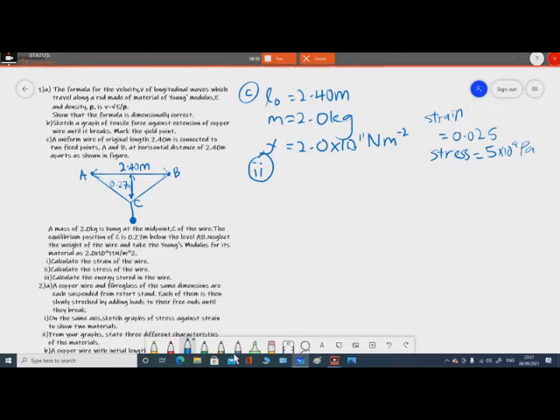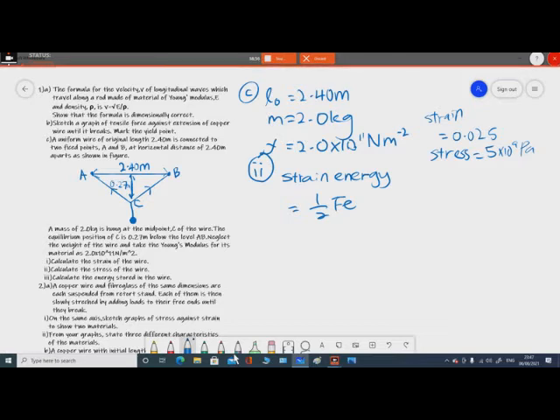We know that the strain energy is equal to half F times e. The information that is not given is F, so we need to know the actual tension of these two wires. So we have to find the tension.